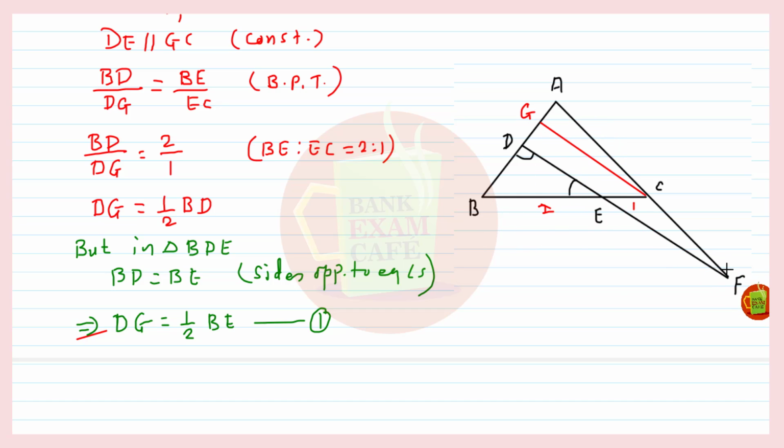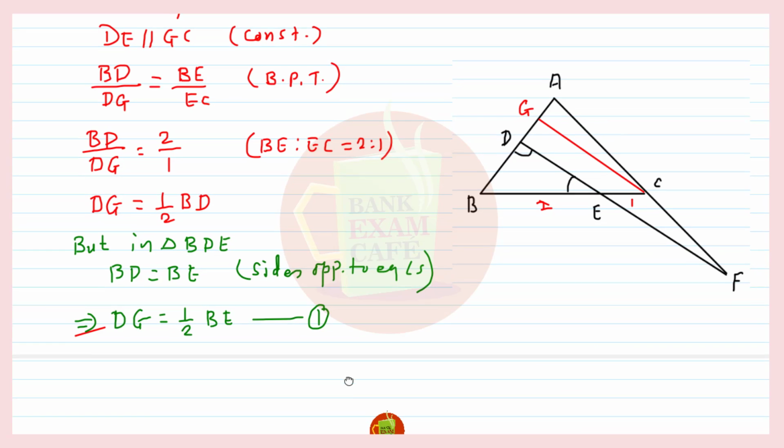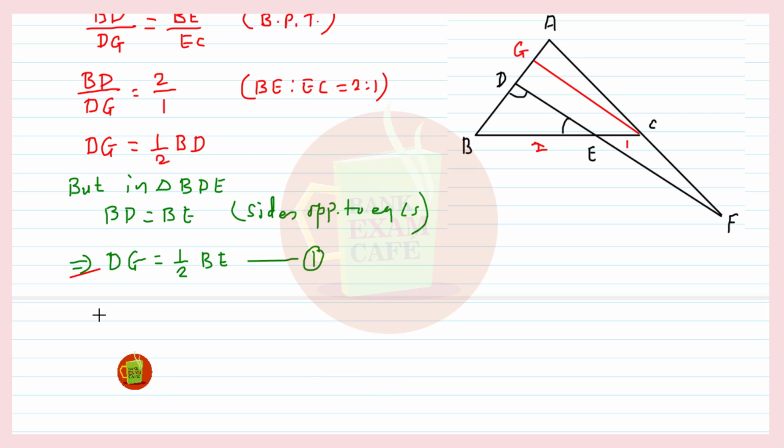Now we will take this triangle, correct? In triangle ADF, we have seen that CG is parallel to DE by construction. Since CG is parallel to DE, it is parallel to DF also, and therefore CG is parallel to DF. The reason is construction.